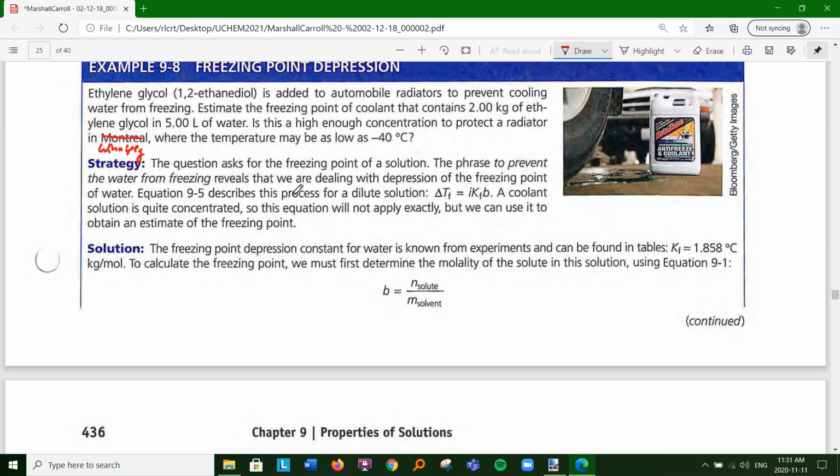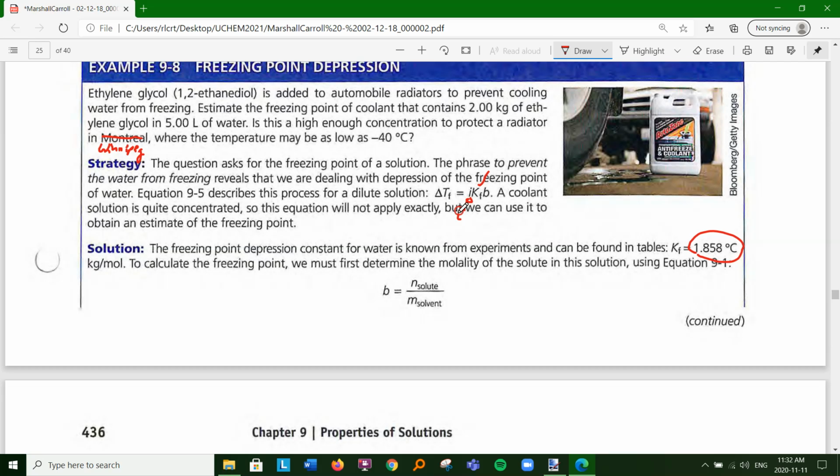So I am going to talk about freezing point lowering. So my KF I'm going to need. I need my KF, right? Got that. My I. Now, little pro tip. If you've got an organic molecule, like ethylene glycol, it's an organic alcohol, the I is going to be 1.